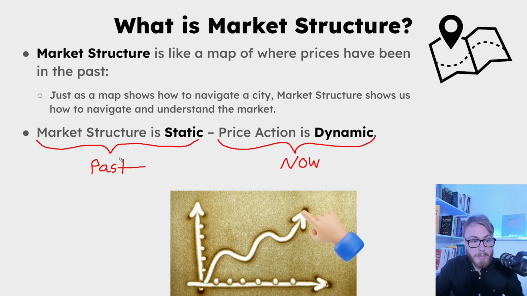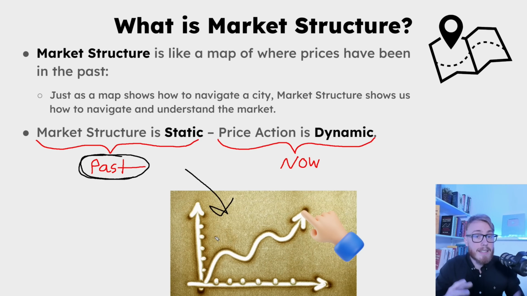And the cool thing about market structure is that if we study how the price has moved in the past, so for example, imagine that this image right here is how the price has moved in the past, this can actually give us clues about how the price will move in the future.